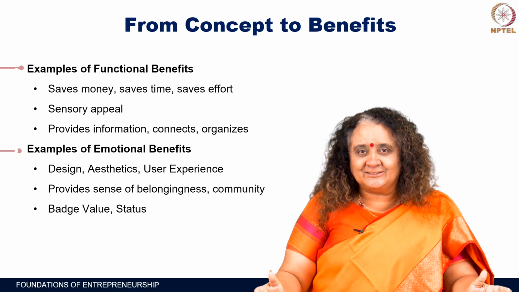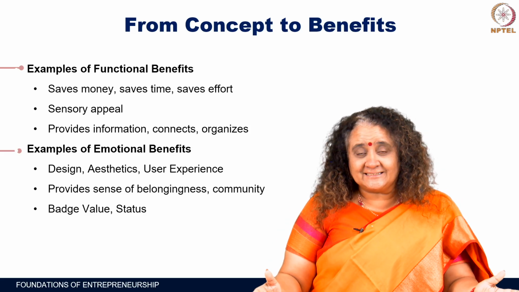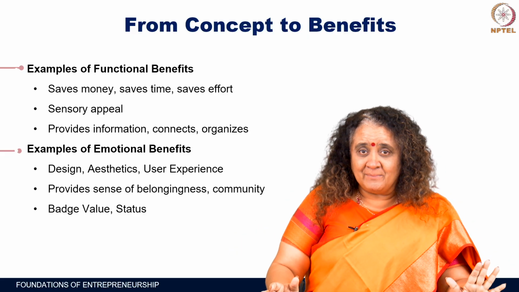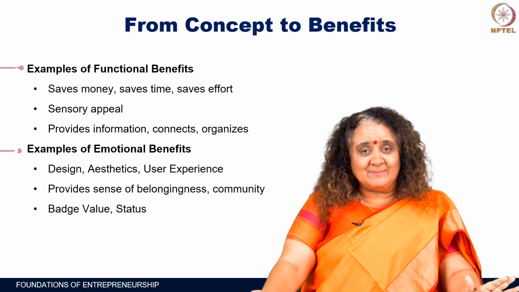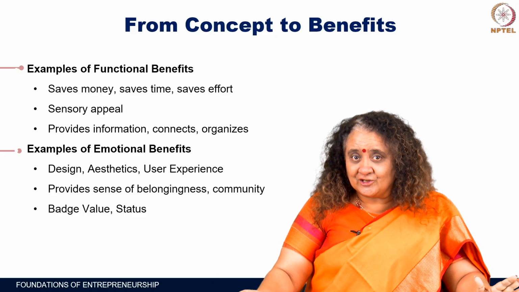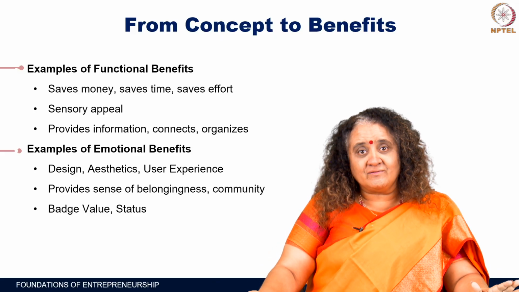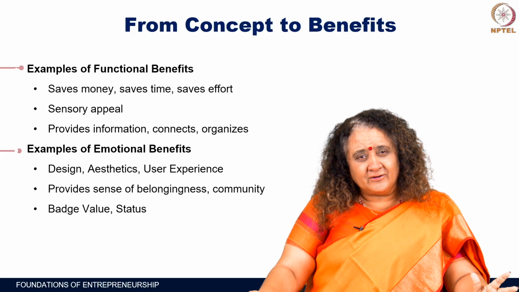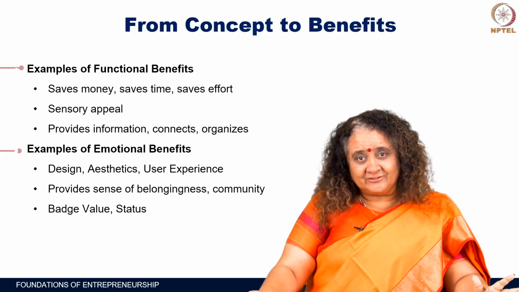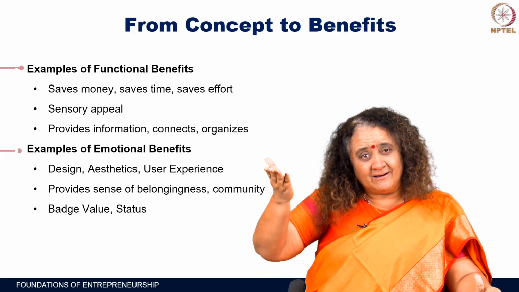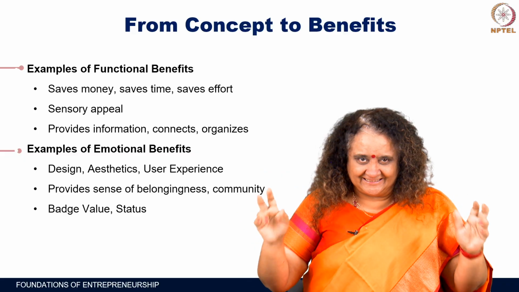So I'm showing off, I'm flexing. I don't know if it comes from flexing muscles, but that word really resonates with me, which is stand out, have a badge value. The benefit of that product or that service is showing off, is esteem, is having arrived in life, is flexing.